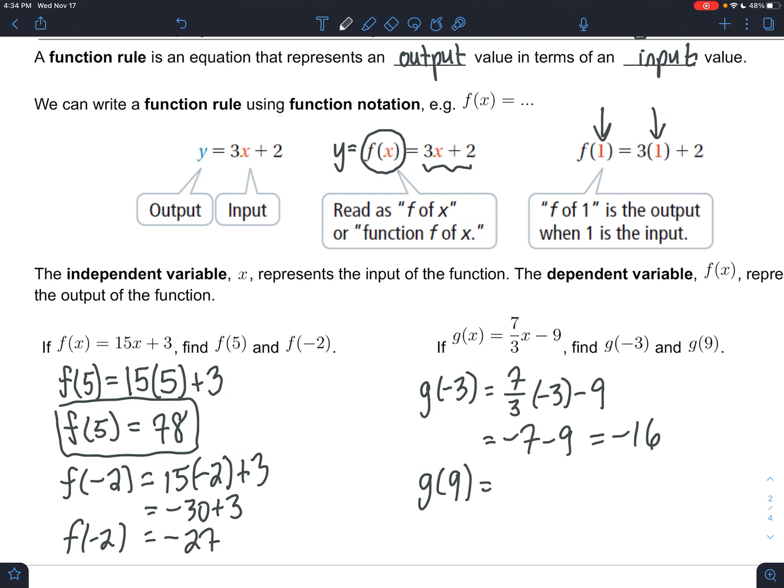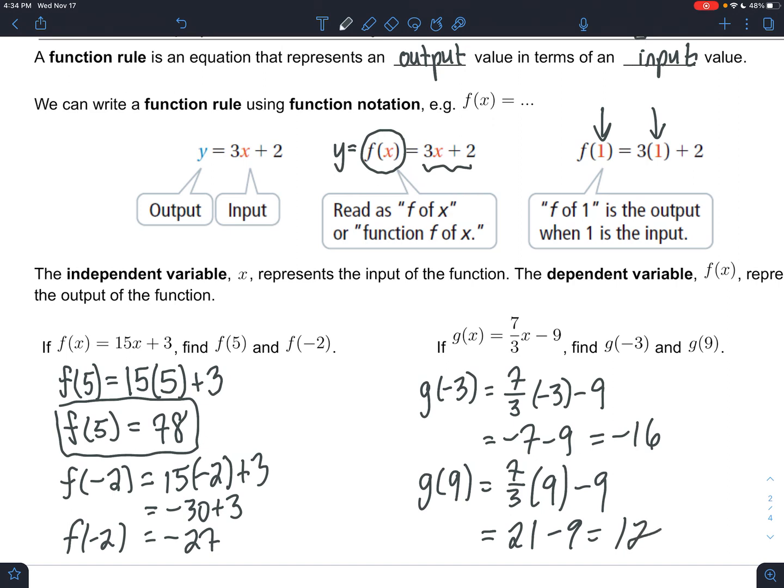And you can do the same for any number. I would do 9 divided by 3 first, because it's telling us to multiply by 7, but also divide by 3. So I want to divide by 3 and get 3, and multiply that times 7 is 21.